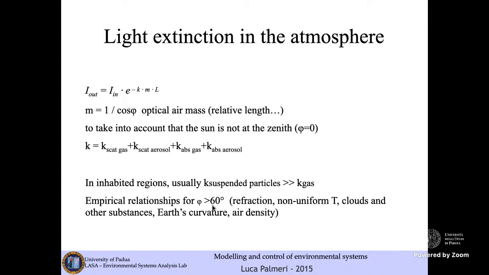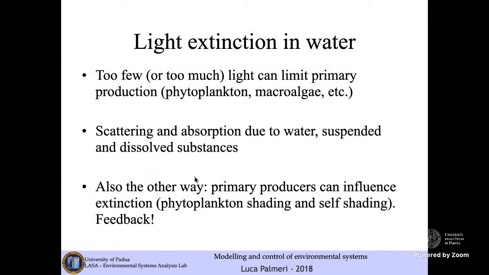In this case, refraction is non-uniform and depends on temperature, on the presence of clouds and other substances, and it is linked also to the Earth's curvature and to air density, which is strictly linked to temperature. So this is what we may say for light extinction in the atmosphere in general.